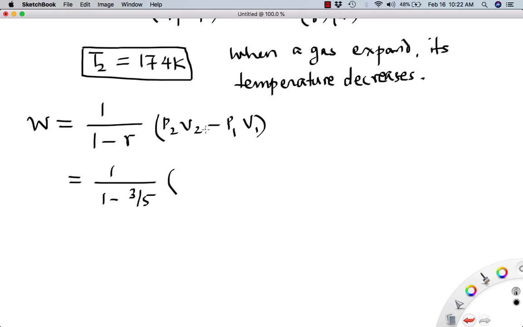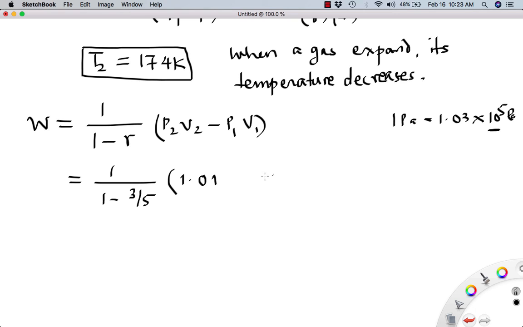So for that I need to multiply pressure by this factor. 1 atmosphere is 1.01 times 10 to the 5th Pascal. So pressure 2 is 1, so 1.01. Because we have pressure on both terms, we can factor that and take it outside the parenthesis.